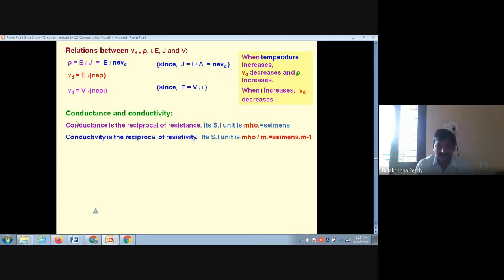Same way, we have conductance and conductivity. What is conductance? Conductance is the reciprocal of resistance, or the other way, conductance is a property of a substance which allows electrons flowing through it.